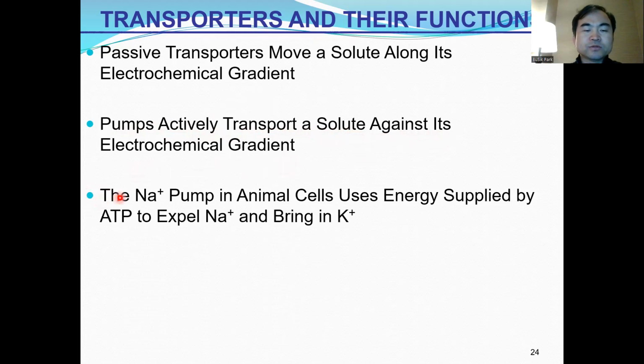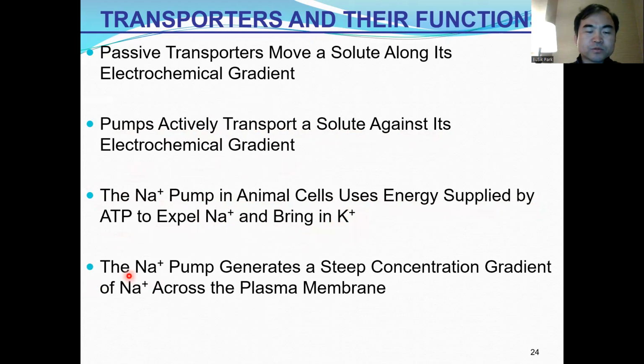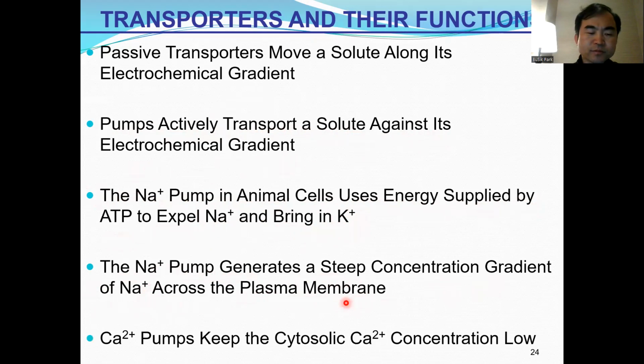And the sodium pump in animal cells uses energy supplied by ATP to expel sodium ions and bring in potassium ions. The sodium pump generates a steep concentration gradient of sodium ion across the plasma membrane. And the calcium pump keeps the cytosolic calcium ion concentration low.